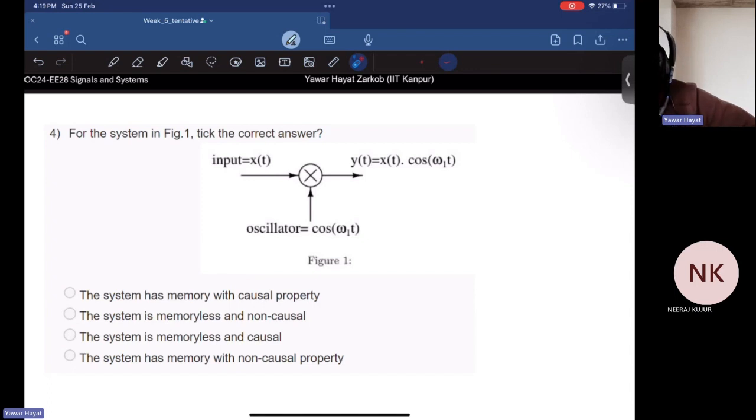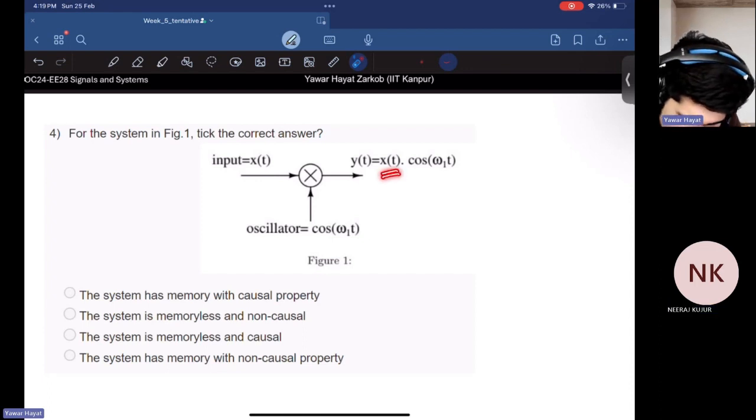Now we need to comment on the memory part. How do we determine if a system has memory or is memoryless? For zero input, it should give zero output. In other words, it should depend only on the present value of the input, right? It should not depend on the past or future values of input, only on the present value.